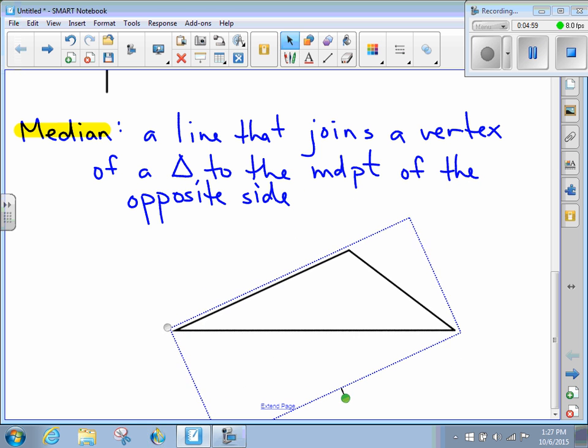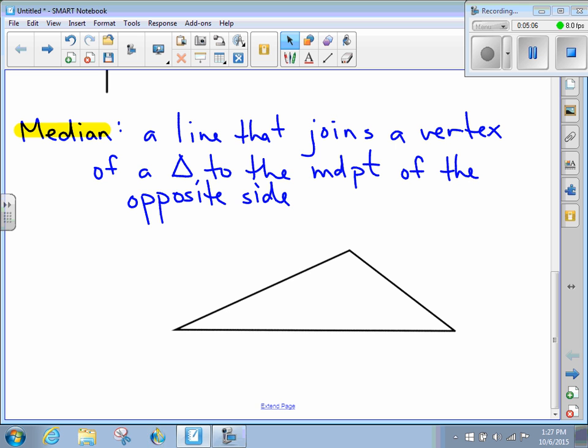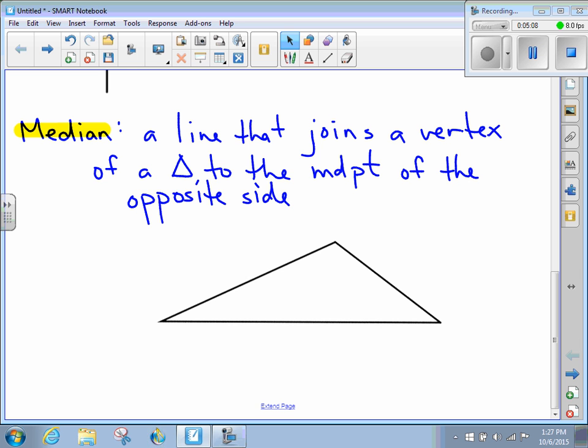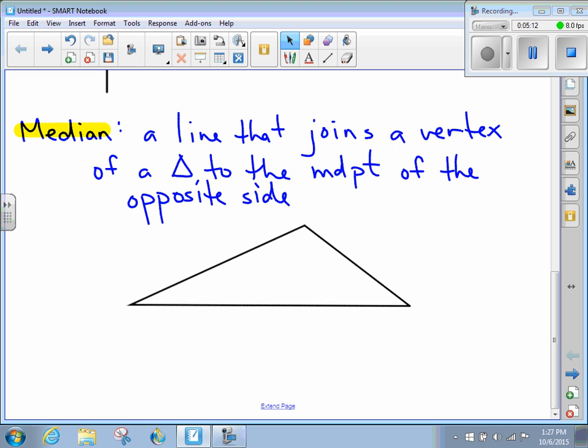So if we have this triangle, and we want to move from this vertex right here to bisect, so it's going to intersect the opposite line equally, right through the midpoint.